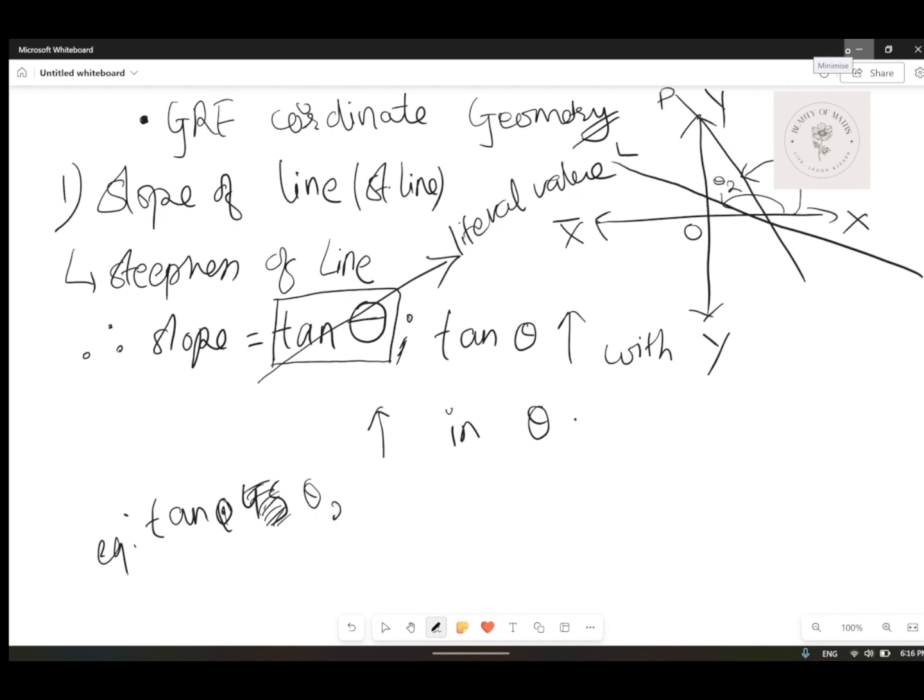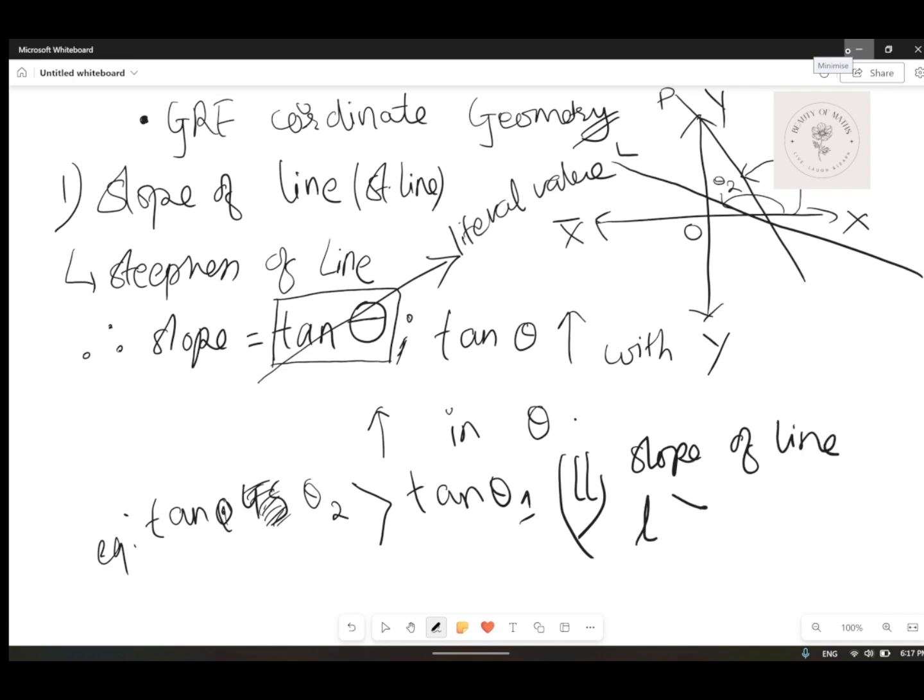It's observable that theta 2 is greater than theta 1, and since tan theta increases with increase in angle, tan theta 2 is greater than tan theta 1. So we can imply here that the slope of line L is higher than the slope of line M.